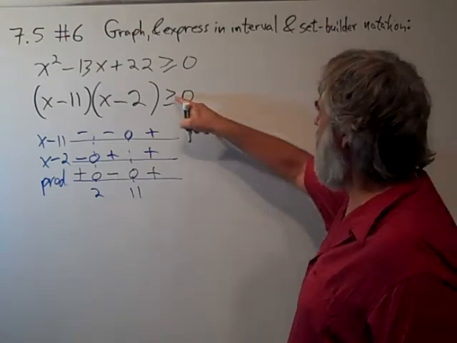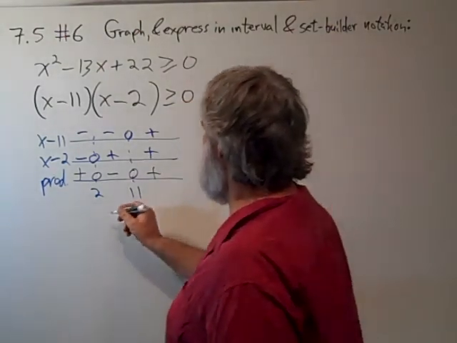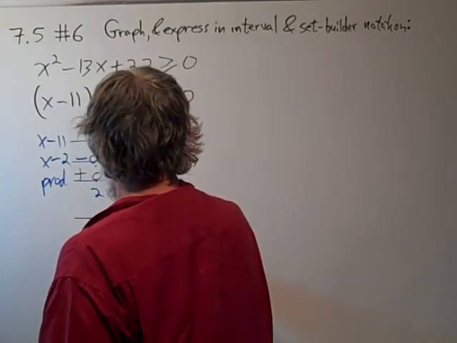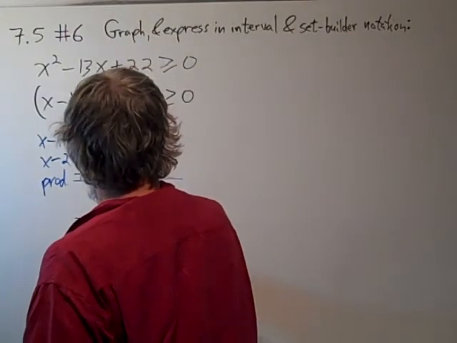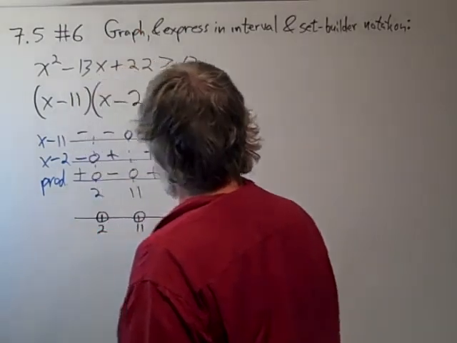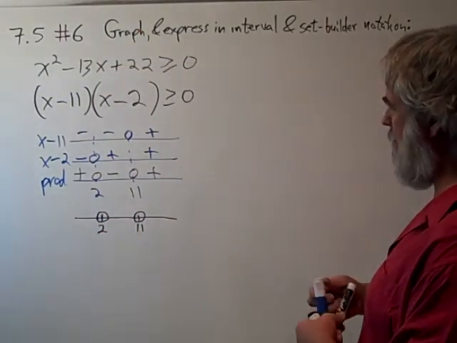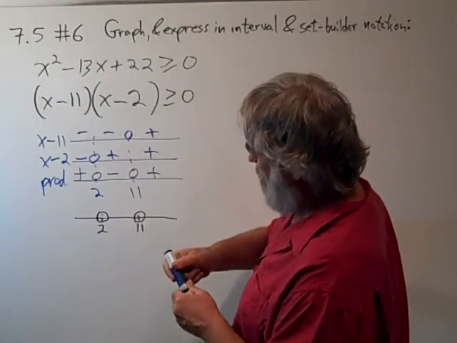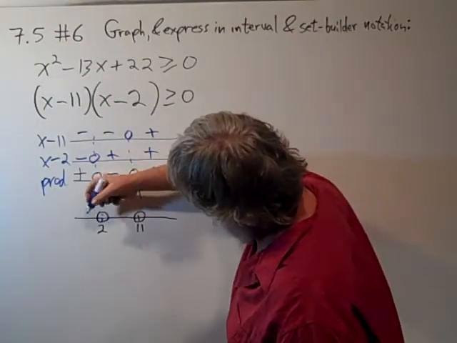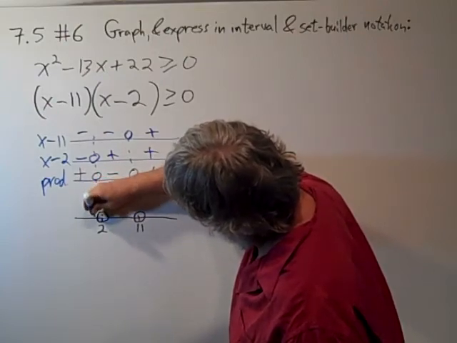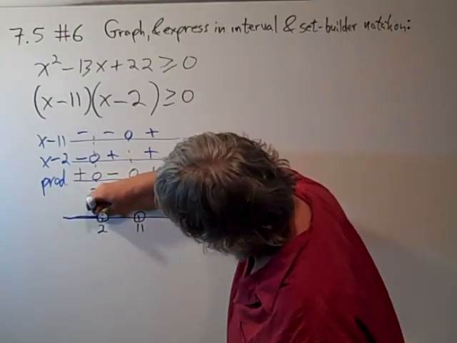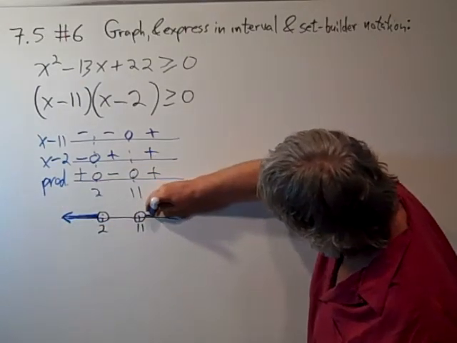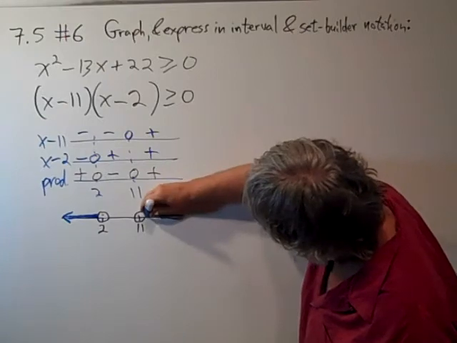So graphing where it's positive, we're bigger than or equal to 0 on the number line. To begin with, it's to the left of 2, it's positive. So everything to the left of 2, everything to the right of 11 is positive here.